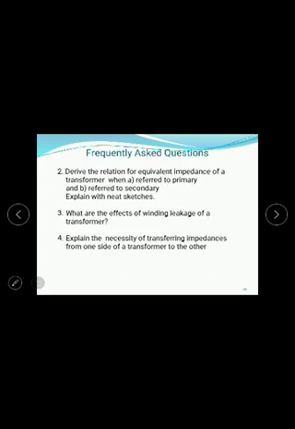These are the frequent questions. Derive the relation of equivalent impedance of a transformer when referred to the primary side and referred to the secondary side. Also sketch and explain the effects of winding leakage of a transformer, and the necessity of transforming impedances from one side to another side.